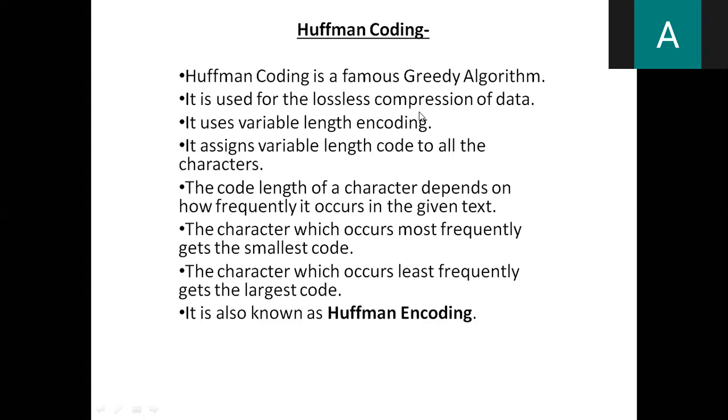Now what is the solution? I want to compress the data, that means I want to reduce the number of bits. So how can we do that? Using variable length encoding we can do this. In variable length encoding, suppose for alphabet A, I fix that I will use 0, 1, 0. So wherever alphabet A comes in your data, you encode it by 0, 1, 0, that is only 3 bits.